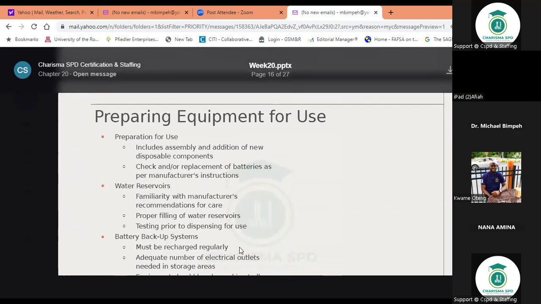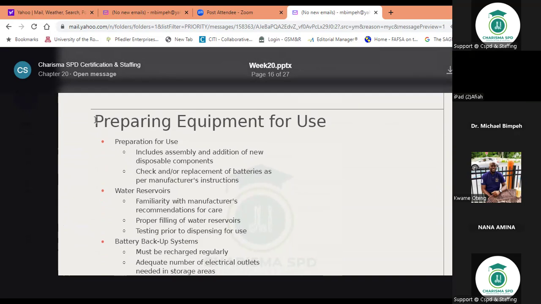Preparing equipment for use. Now, preparation for use includes assembly and addition of new disposable components. So I know that you'll be wondering, well, hypothermia, flotation, IV pump, we don't use that in central sterile. So I know you'll be wondering, why this heading?